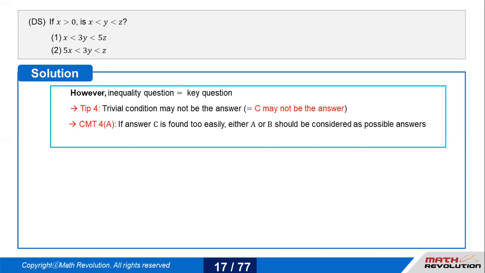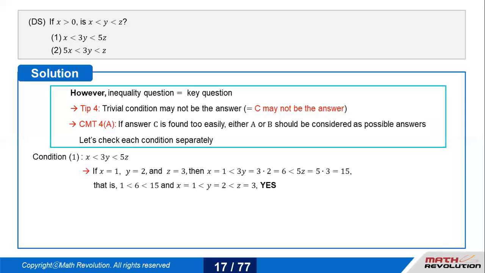In this particular situation, inequality questions, statistics, geometry, and integers are all key questions. For more information, you could always check the lessons on mathrevolution.com. So if it's a trivial condition, it may not be the answer. Trivial is something which is looking very easy, and may not be the answer. So we will check individually.